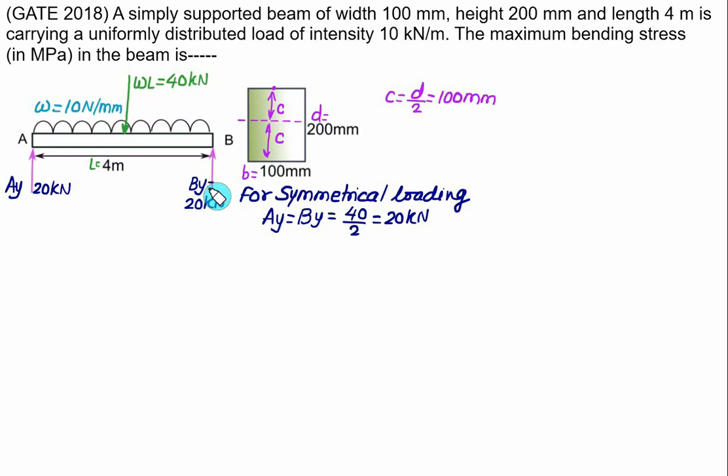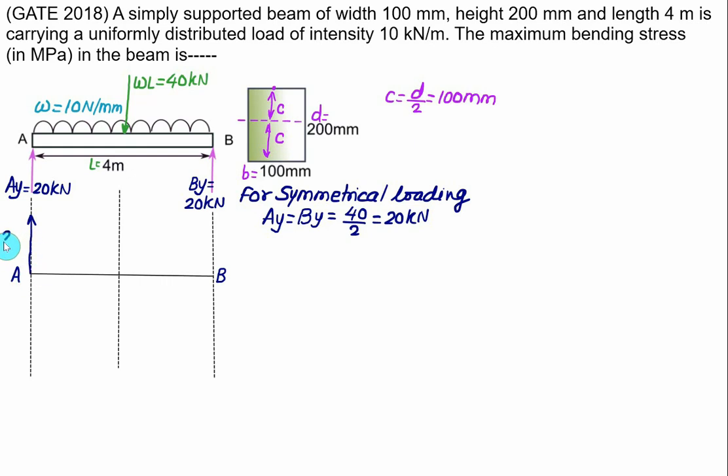If you remember the maximum bending moment formula for the UDL, well and good. Otherwise you can construct the SFD. At point A we have a vertical load acting of 20 kilonewton. So we'll move vertically upward at point A and represent the shear force equal to 20 kilonewton. Now for drawing the SFD you have to consider the UDL, that is a rectangle.